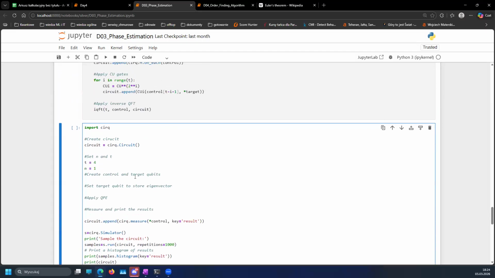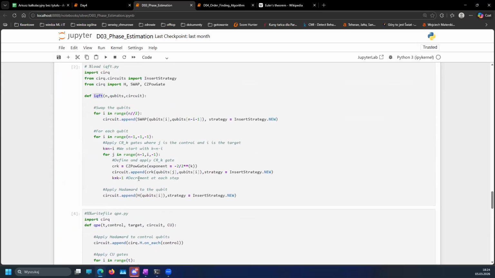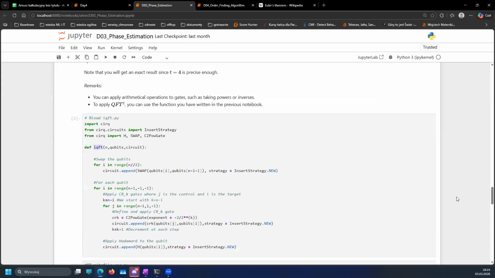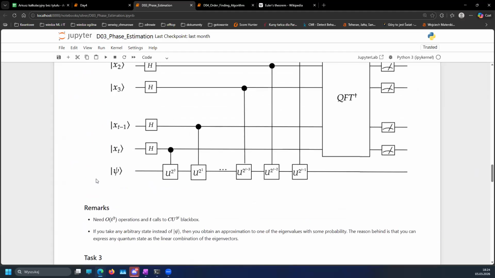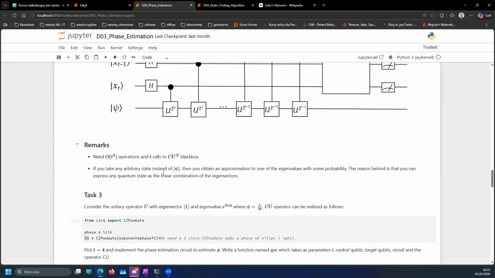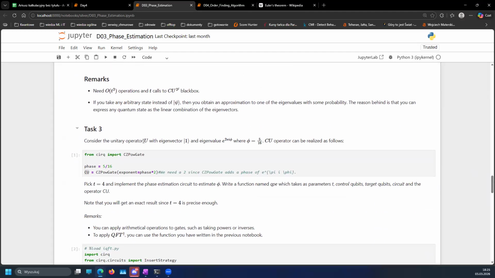So N is the size of the eigenvector register. And since, as you can see, we have the unitary operator with eigenvector ket 1, then it means that our eigenvector register will have only one qubit, yes?